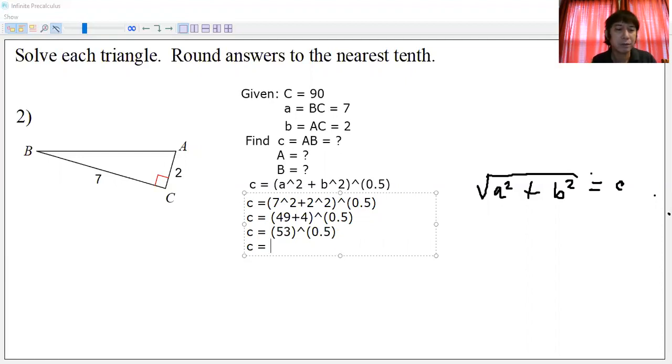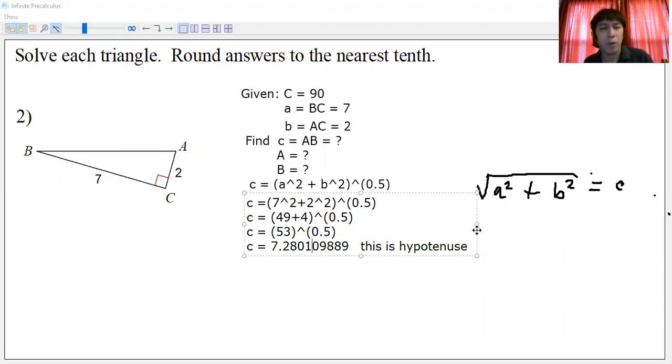We use the calculator. That's equivalent to 7.28. I will write all the digits and we will round later: 7.28 0.9889. That's the value of the hypotenuse.